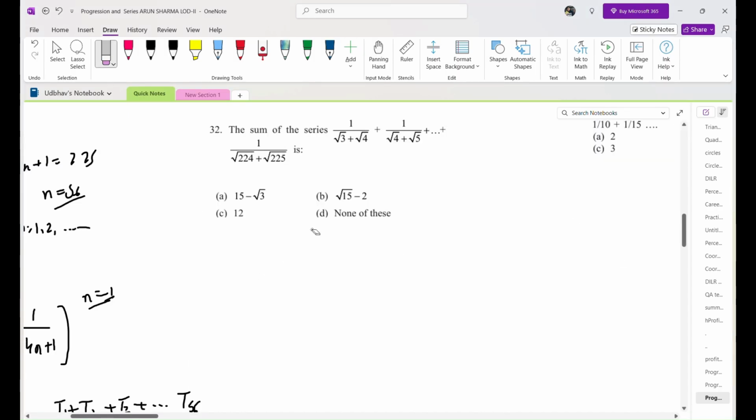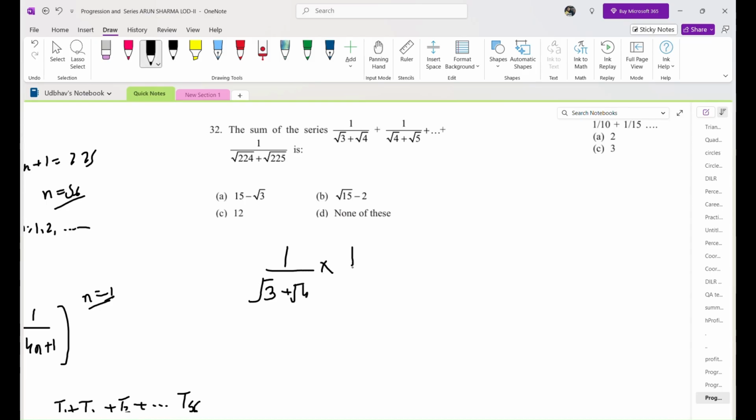So the next question is again another telescoping series, but we cannot directly see the telescoping pattern here because we cannot see any negative sign and we are not able to find that any terms are getting cancelled. But we are given some irrational numbers in the denominator, so we should rationalize them.